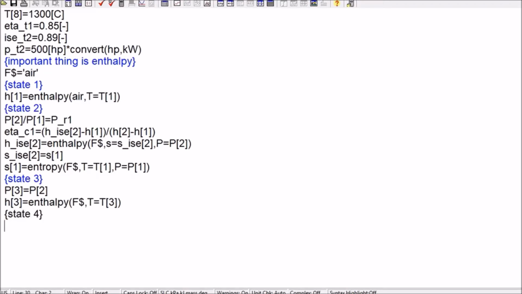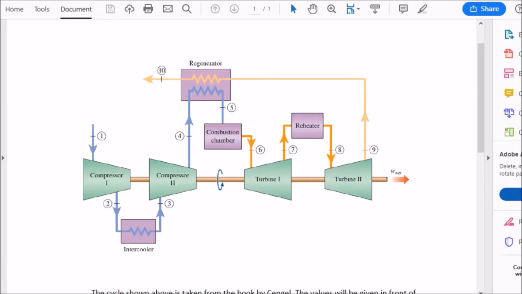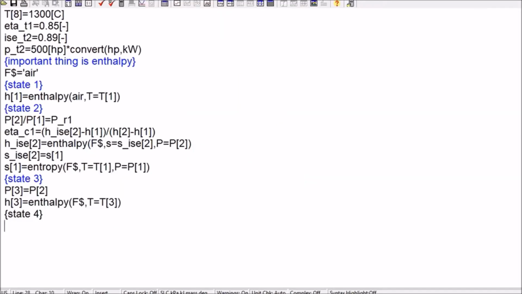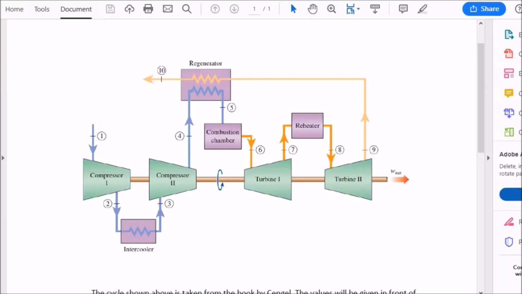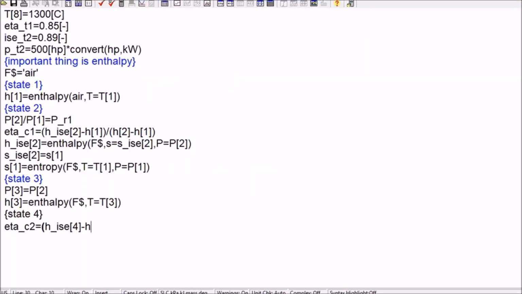State 4 is to be found, again by the isentropic efficiency of the compressor. So eta compressor 2 is H isentropic 4 minus H3 divided by H4 minus H3.